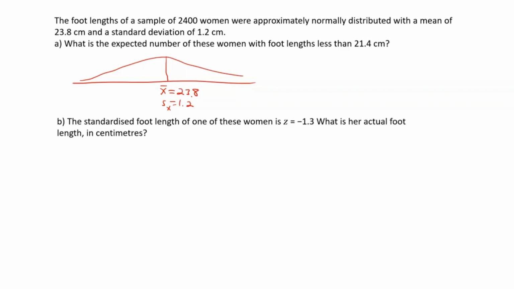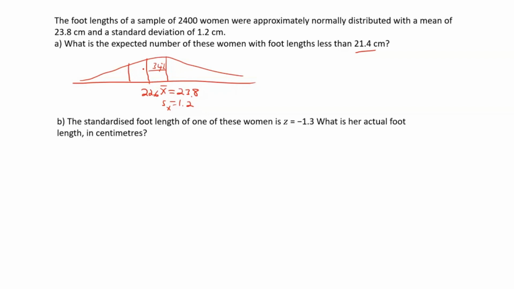It's obviously less than, so it's going to be towards the left side. From there to there it's actually 34. That's 23.8 minus 1 standard deviation, which is 1.2, so that gives us 22.6.